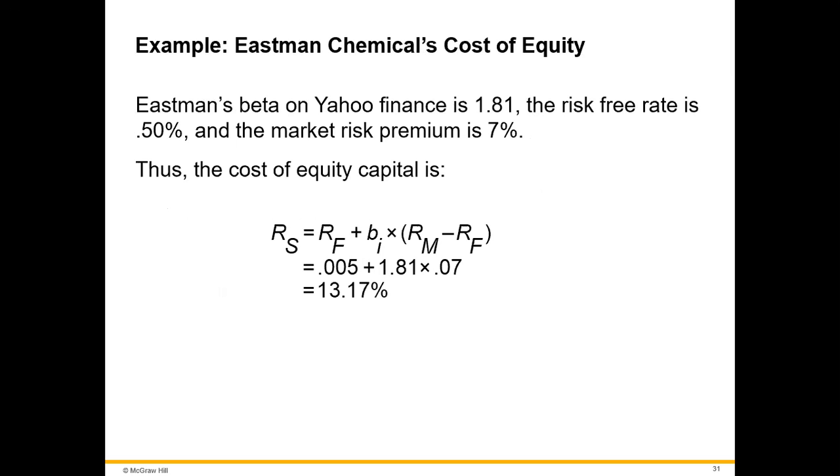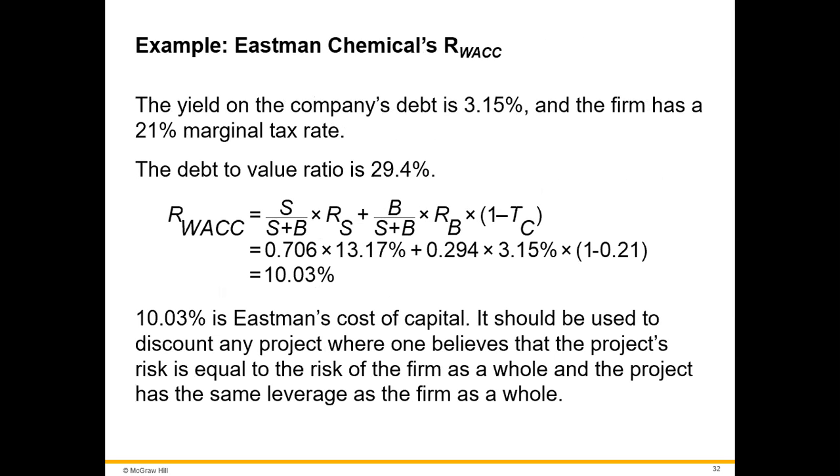So if we look at Eastman's beta on Yahoo Finance is 1.81, the risk-free rate is 0.5, and the market risk premium is 7%. The cost of equity is 13.17%. The yield on the company's debt is 3.15, and the firm has a 21% marginal tax rate.